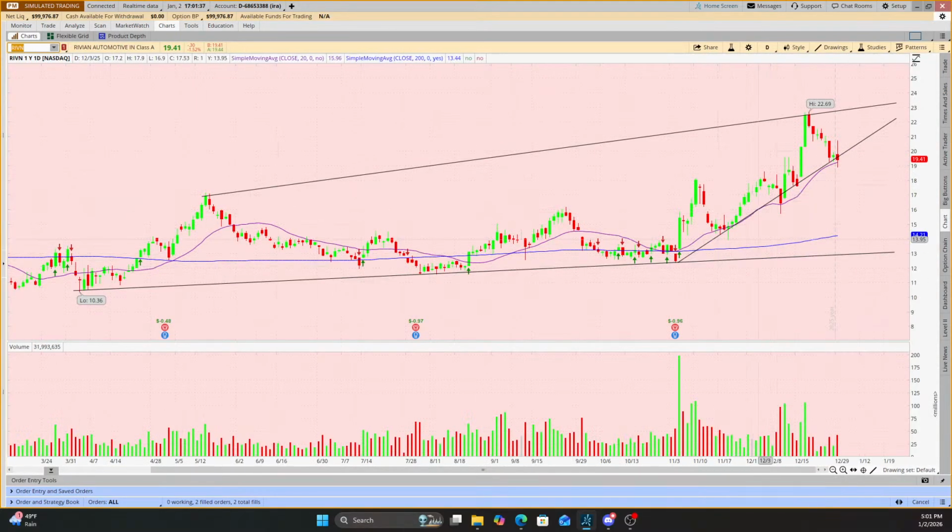All right, so we got Rivian. As it looks, it hit this trend line, and now it hit this trend line, this wedge.